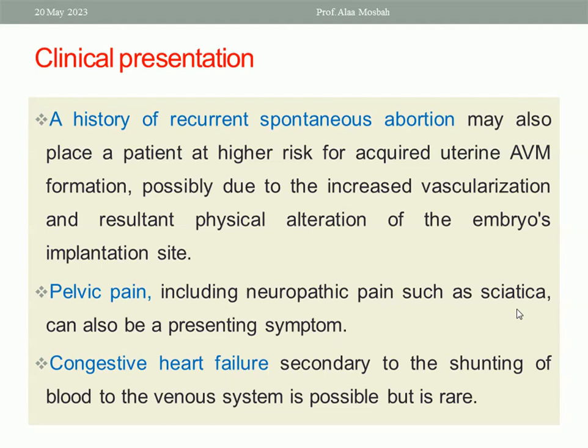What else in clinical presentation? A history of recurrent spontaneous abortion may also place a patient at higher risk for acquired uterine arteriovenous malformation, possibly due to the increased vascularization and the resultant physical alteration of the embryo's implantation site.